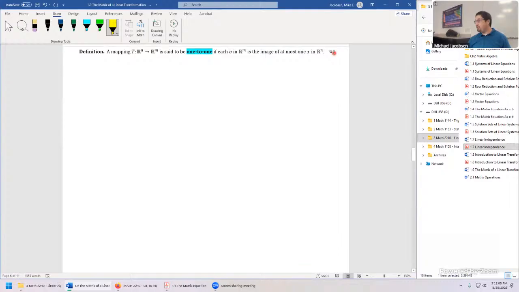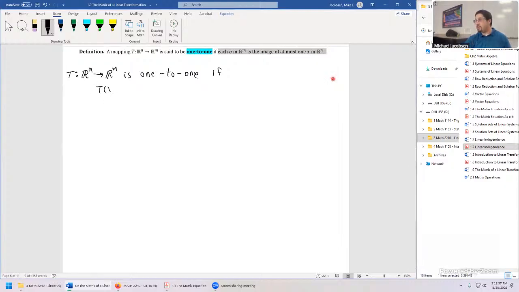But you know, it's a tough definition in this form. If we reword it like we did before, this is how a lot of definitions for one-to-one sometimes are written. Let's say T from Rn into Rm is one-to-one if B being the image of at most one X in Rn, we can capture the essence of that by just writing out this.